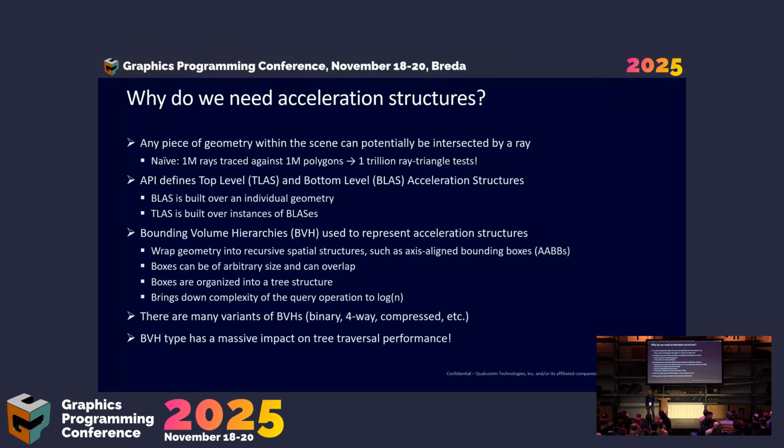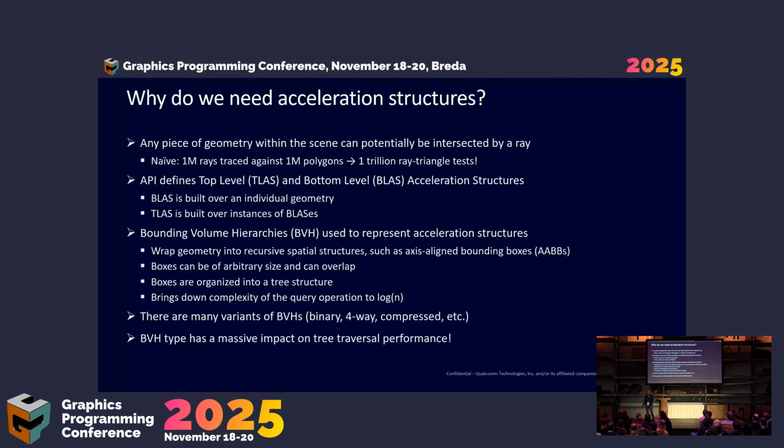These are opaque structures to the developers, so you don't really see how they're represented internally. You just get to provide all the information, your geometry, and some descriptors through your application to us, and then we decide how we want to represent this.